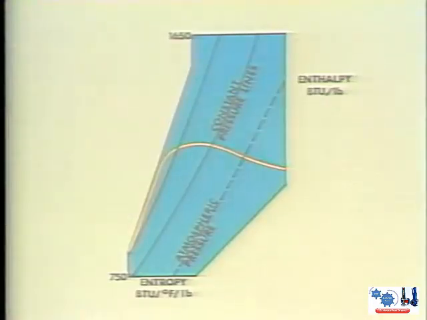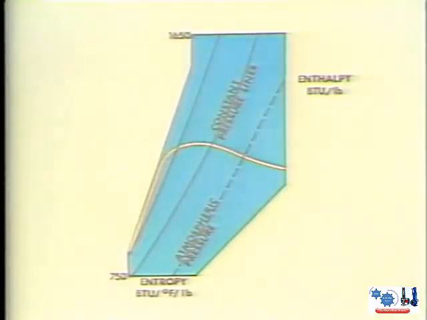Running diagonally from the lower left to the upper right of the graph are lines that look like this and indicate constant pressure in pounds per square inch absolute. The line indicating atmospheric pressure is a broken line, which distinguishes it from the other lines of constant pressure. If you need to determine the enthalpy of any point on the saturation line, you simply find where the appropriate pressure line and the saturation line intersect and trace it out to the edge of the graph where enthalpy is indicated.